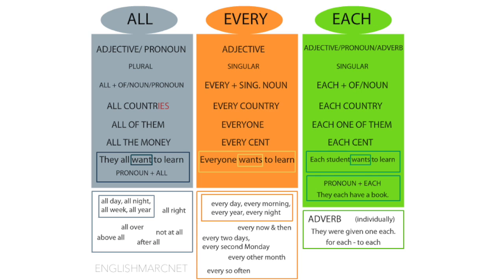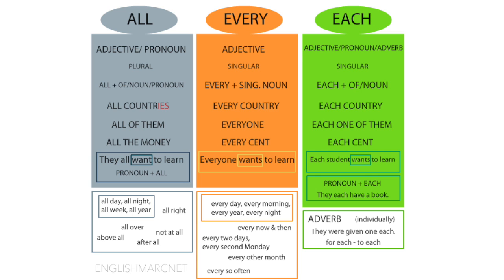I made a comparison between all and each. You can see on your left, all of them, and on your right, each one of them. So every, we say everyone. The same with country. Every country. On your left, all countries, and this is plural. And on the right, you can see each country with each.